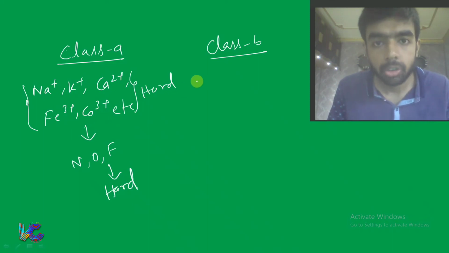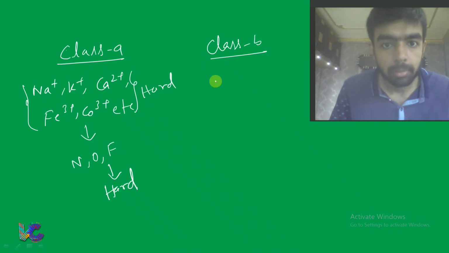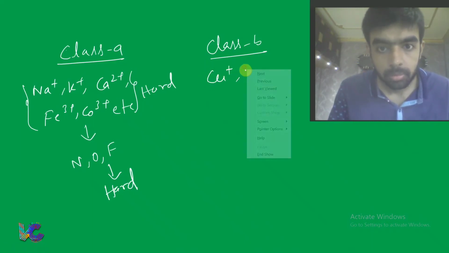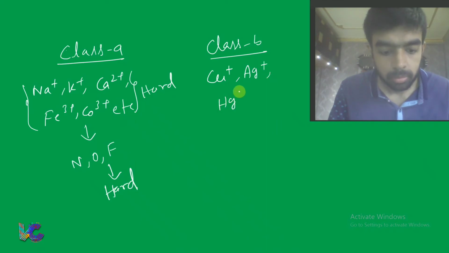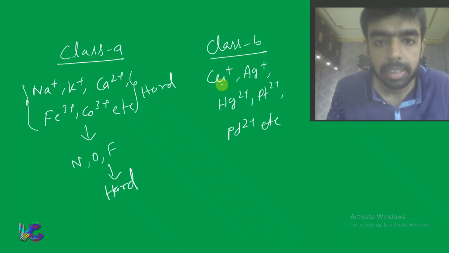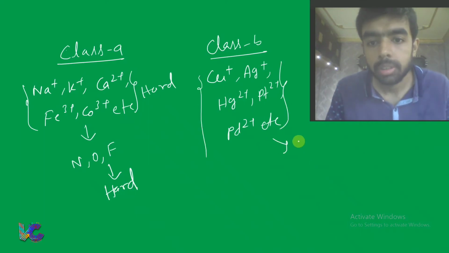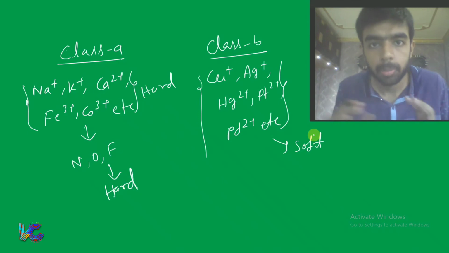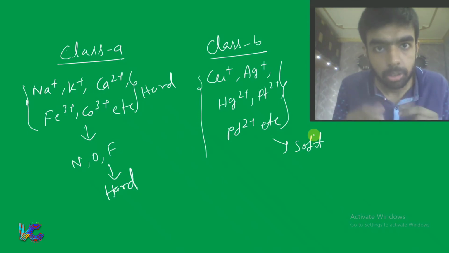Now under class B metal you have the examples Cu plus, Ag plus, Ag2 plus, Pd2 plus, Pt2 plus. That means these are soft in nature. These are soft metals, so these are soft acids.